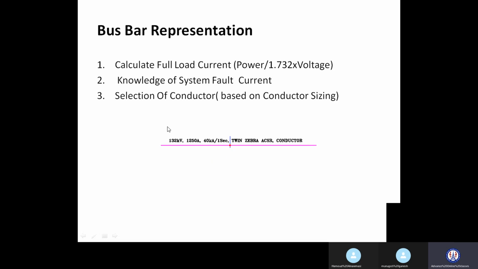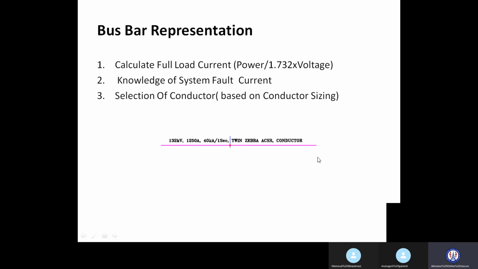Now first, how are we deciding the voltage rating of this bus? For example, this bus is connected with two incoming feeders, and your incoming feeder voltage rating is 132 kV. So your bus voltage rating is also 132 kV. Means bus voltage rating is equivalent to the connected feeder voltage rating.